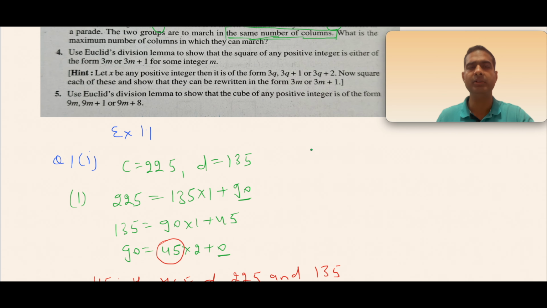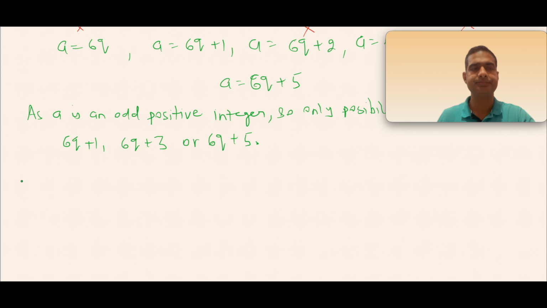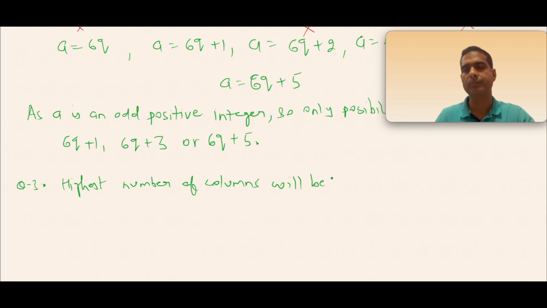So let us try to solve it. Question number 3: 616 and 32, we have to find the HCF. So the highest number of columns will be the HCF of 616 and 32.